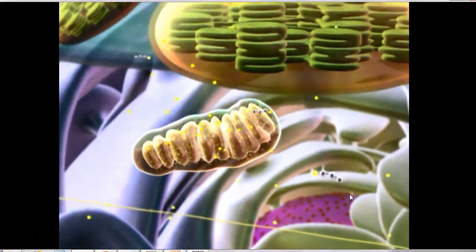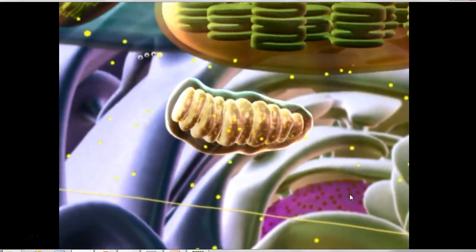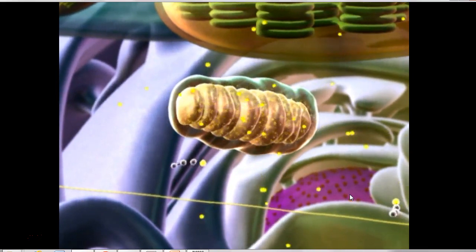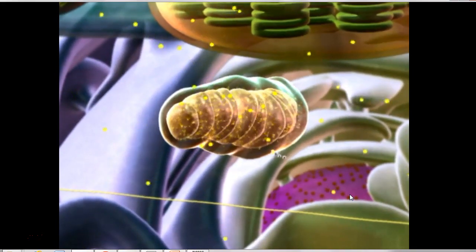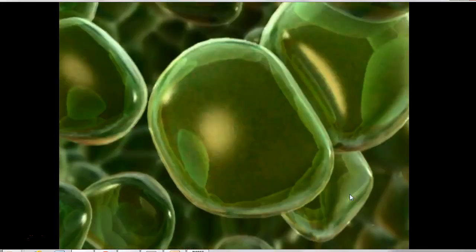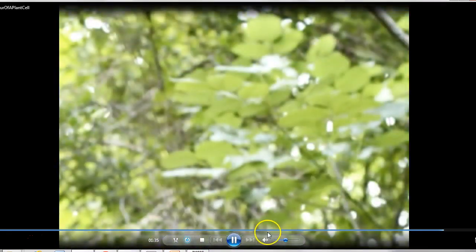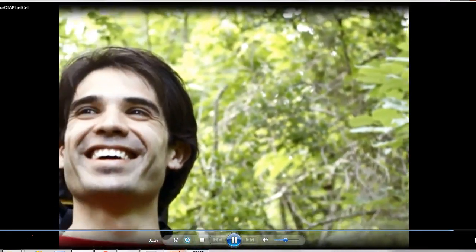All plant cells have mitochondria, just like animal cells do. Sugars produced by photosynthesis are broken down and converted to ATP in mitochondria. Most organelles, like mitochondria, are found in both plant cells and animal cells. So the next time you pass by a plant, remember that we have more in common than meets the eye.